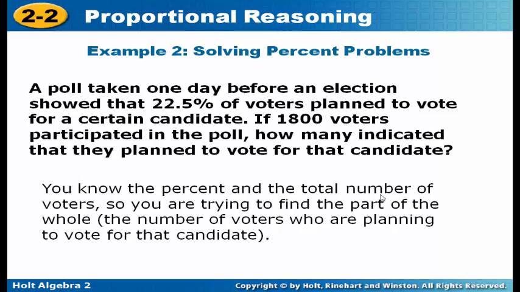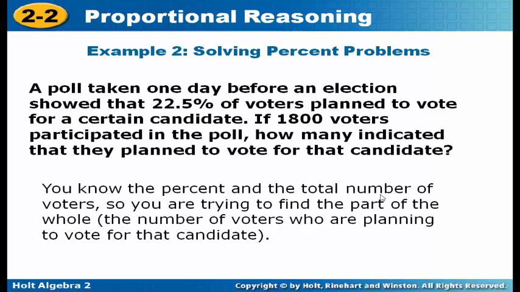A poll taken one day before an election showed that 22.5% of voters planned to vote for a certain candidate. If 1,800 voters participated in the poll, how many indicated that they plan to vote for the candidate?